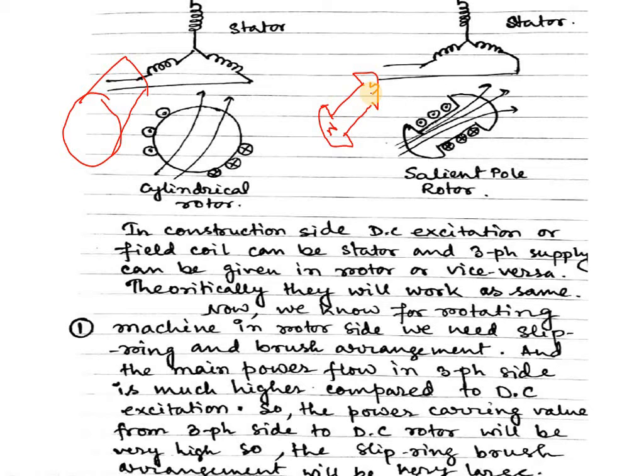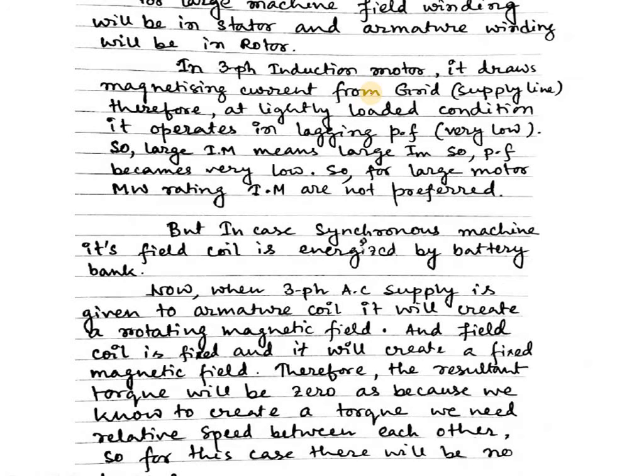So the power carrying value will be high, and so the slip ring brush arrangement will also be very large. For large machines, the field winding will be in the stator and the armature winding will be in the rotor.